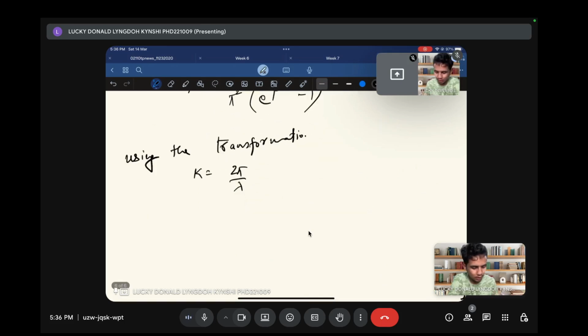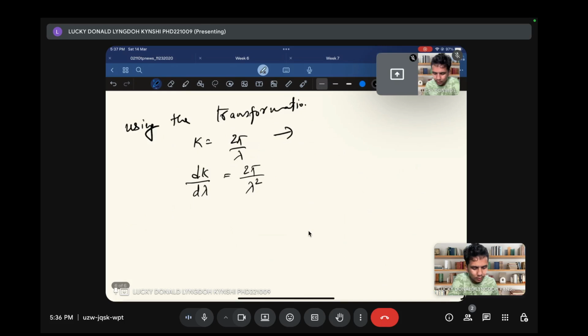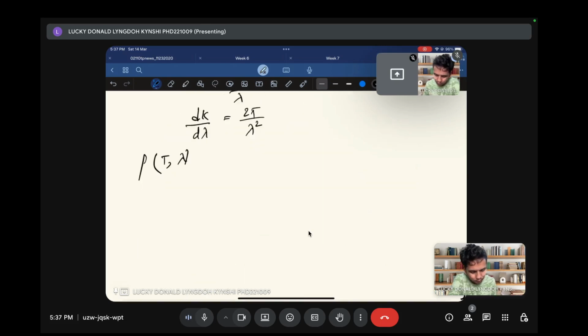Then your dk by d lambda will be equal to 2 pi by lambda square. So if you want rho, a function of temperature and lambda instead of k, you can write du by dk into dk by d lambda. So now the energy density is a function of lambda.